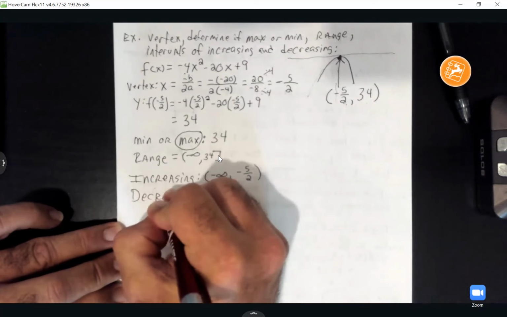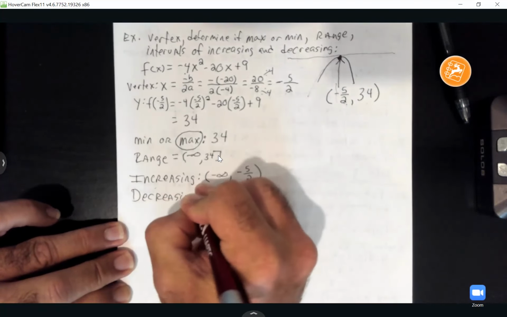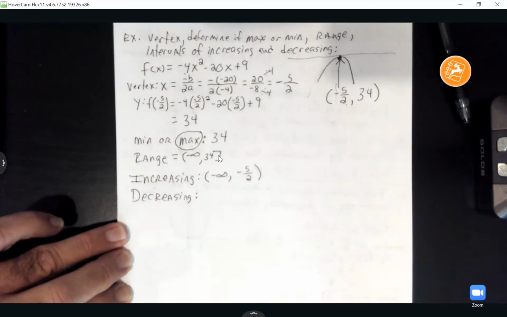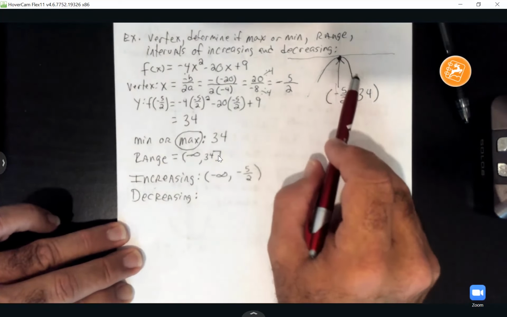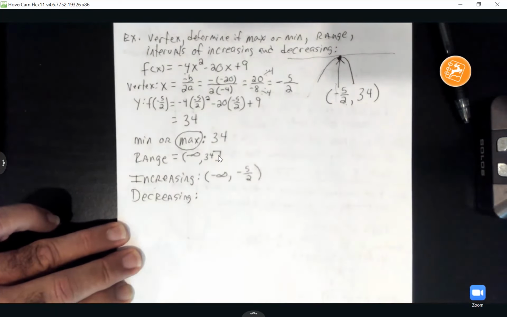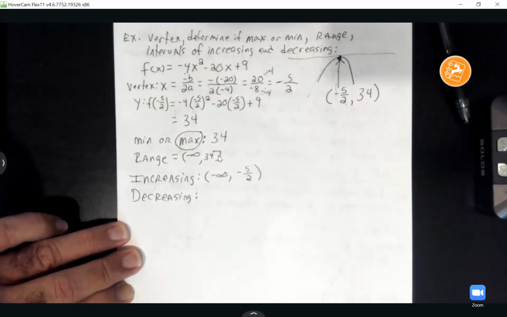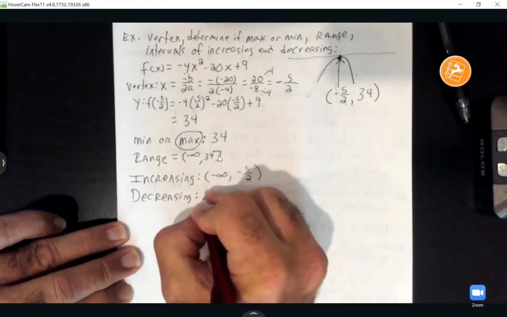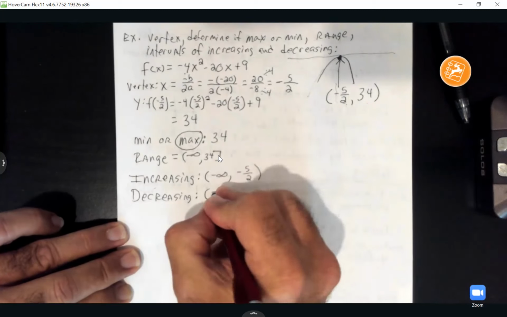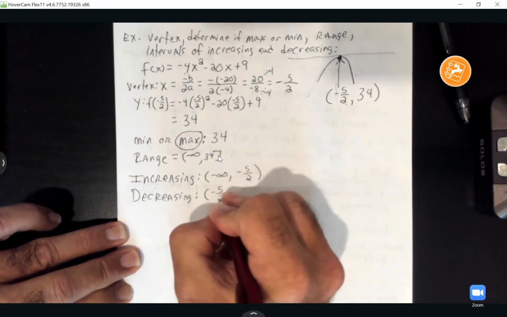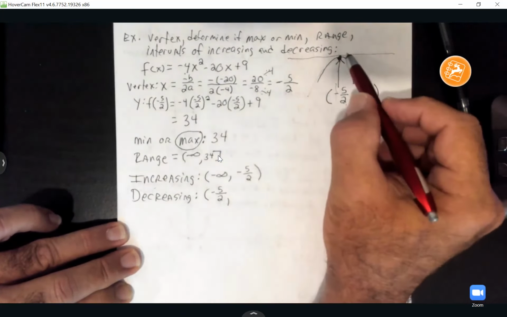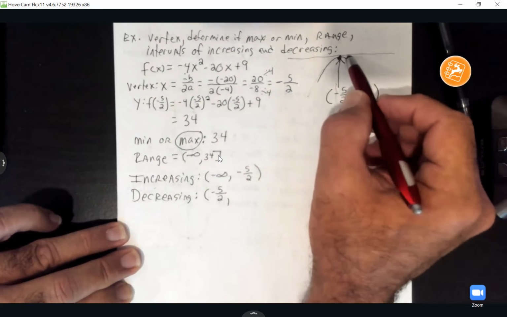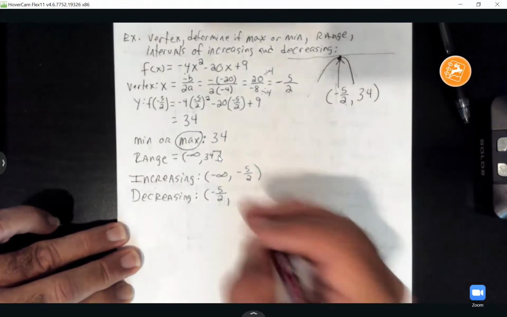Do y'all want to try decreasing? Decreasing is this side going downhill. So where does it start decreasing at on your x's? Negative 5/2 to positive infinity. The positive infinity, because as my x's go to the right, that graph's just going to keep going downhill.